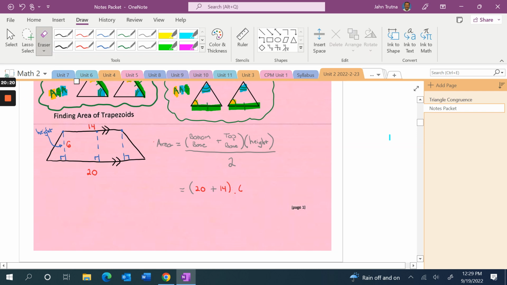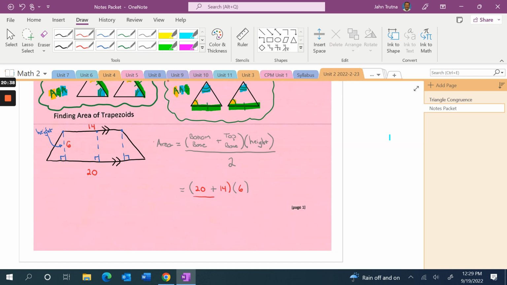And then after I work all of that out, I would divide it all by 2. So bottom base plus top base, then multiply it with the height, and divide it all by 2 here.